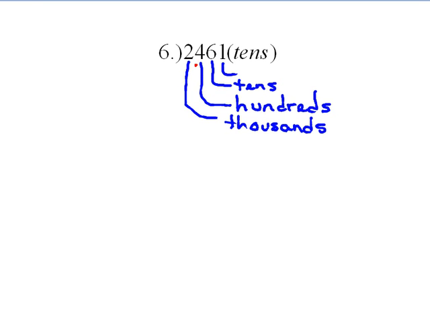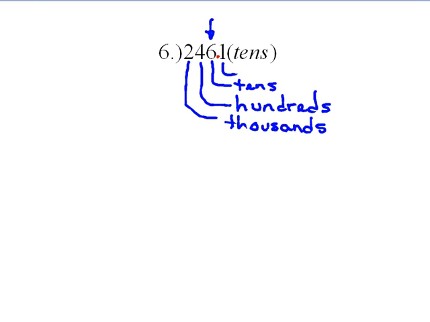So if we're going to round 2,461 to the tens, we determine that the tens is the 6, and we look at the next number beside it. If it is 5 or more, we round up. If it is less than 5, we round down.